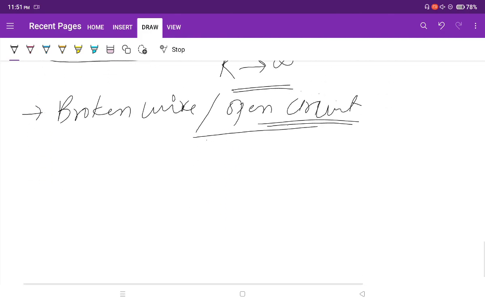What we can conclude is that current does not choose the path of least resistance.